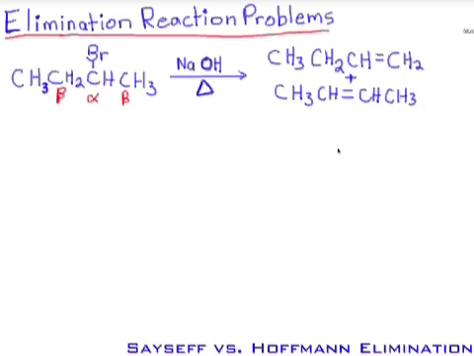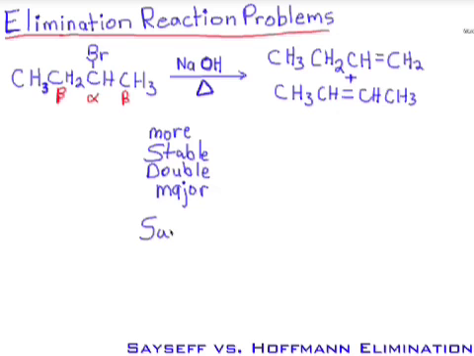When the more stable double bond is major, it is referred to as Saytzeff elimination, sometimes spelled with a T, sometimes without a T. I'll just put N for that. Superscript N is a short form for elimination that I will often use.